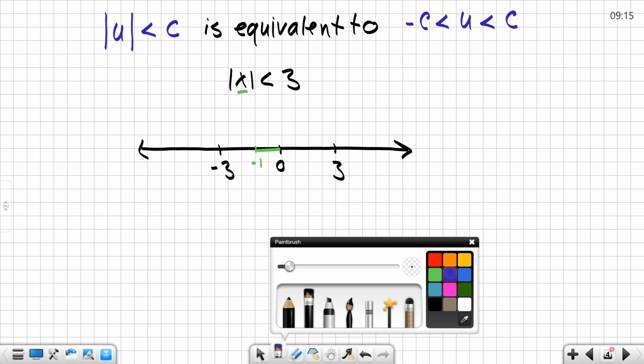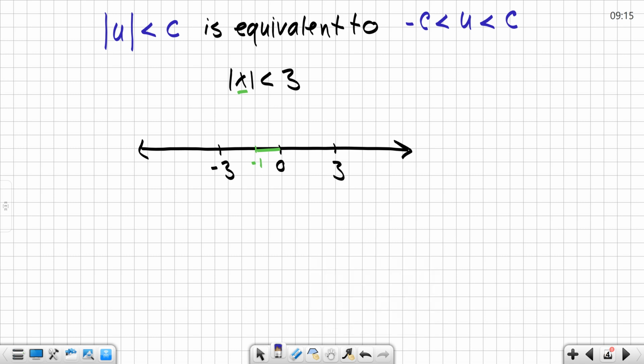Now, if I look at it in another way, I can say that all of the numbers that are bigger than negative 3 and at the same time smaller than positive 3. This is a compound inequality, bigger than negative 3 and smaller than positive 3. So x has to be exactly between positive 3 and negative 3.